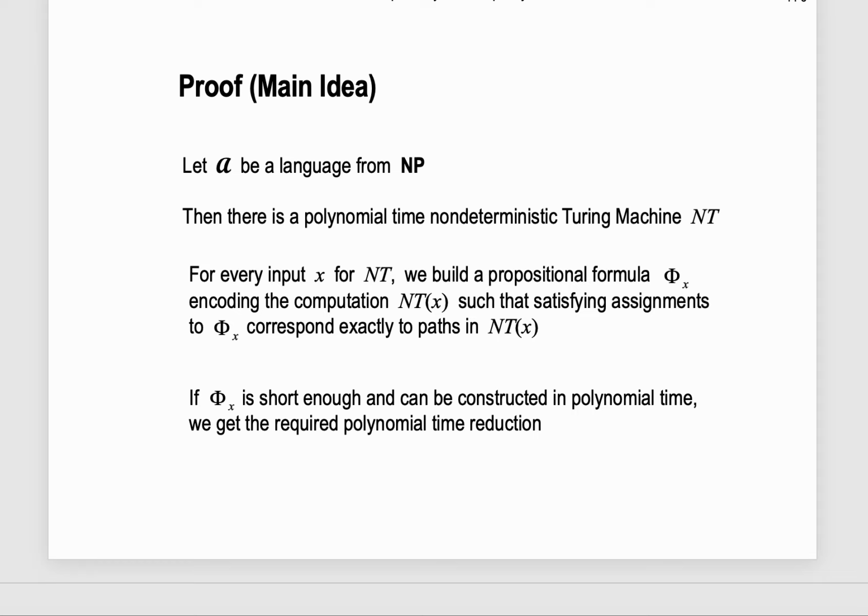If the formula is short enough and can be constructed in polynomial time, we get the required polynomial time reduction. So the main idea is to construct a formula in polynomial time, and this should be short enough so that we can obtain the polynomial time reduction.